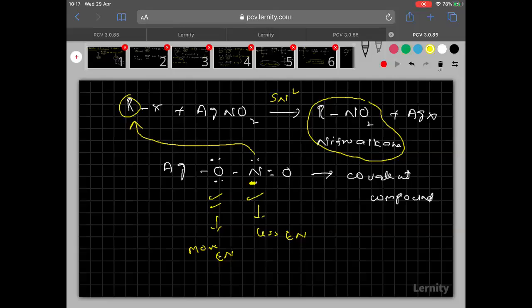Many times I told you, once again I am repeating, that in SN2, inversion takes place. 100% inversion takes place in SN2. And since the mechanism is SN2, here also we have to take maximum up to 2 degree only. RX should be maximum 2 degree only, because on 3 degree, SN2 never happens.